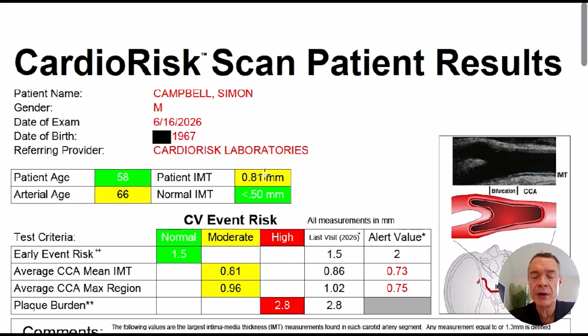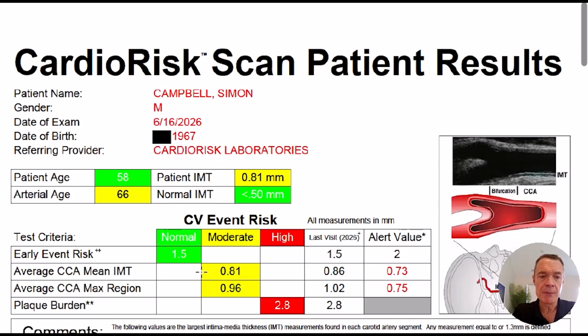In fact, 0.11 is greater than 5 standard deviations. In other words, I can say with a pretty high degree of confidence that a change from 0.92 to 0.81 is in fact a biological, physiological, real improvement in my artery wall thickness, okay? It's way beyond what would be measurement noise.